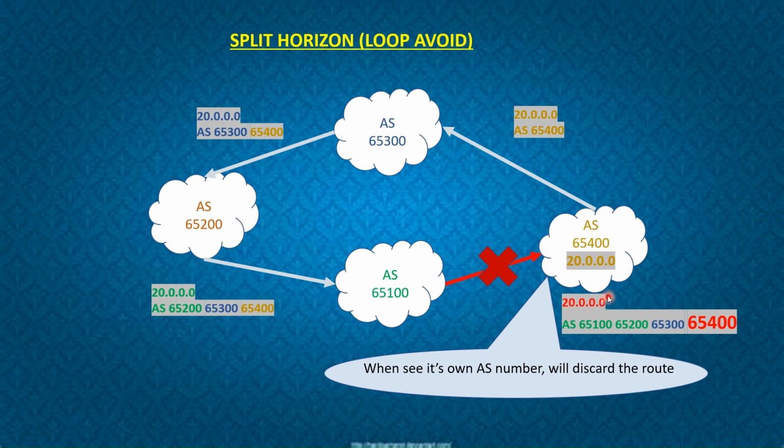For example, suppose this AS is advertising the 20 network, and it's advertised to the next AS, and then the next AS, then the next AS. And when AS 65100 advertises this network to AS 65400 again, when router 65400 receives this route from AS 65100, it will check how many AS it is crossing.